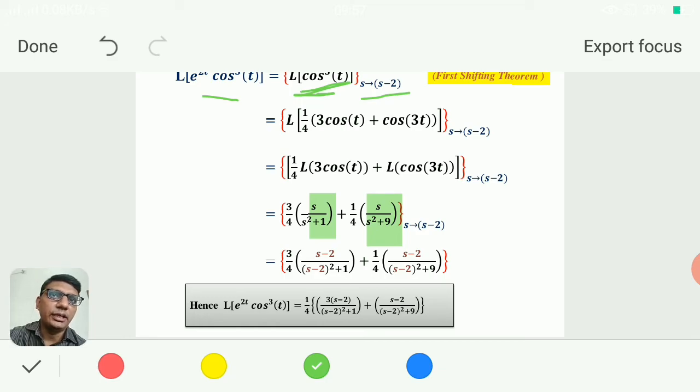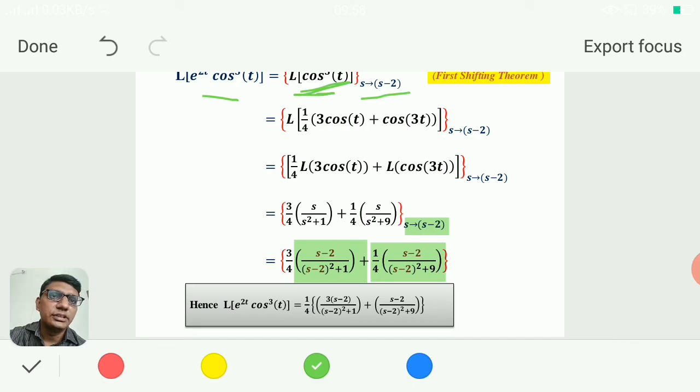Now we apply the first shifting property, s replaced by s minus 2 everywhere. Here we have s in the numerator, so we replace s by s minus 2 in the numerator and denominator both. So we get 3 by 4 into s minus 2 upon s minus 2 whole square plus 1 plus 1 by 4 into s minus 2 upon s minus 2 whole square plus 9.